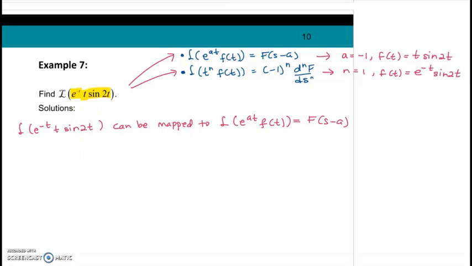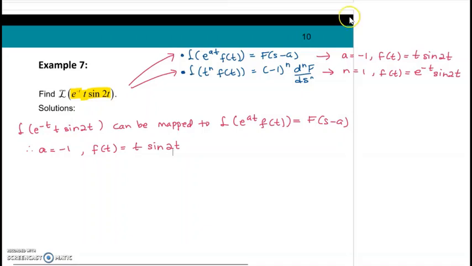So by mapping to that, I know that my a is -1, because I'm mapping exponent negative t to the exponent at. So a is -1, so the other two terms is f(t). So f(t) is t sine 2t.